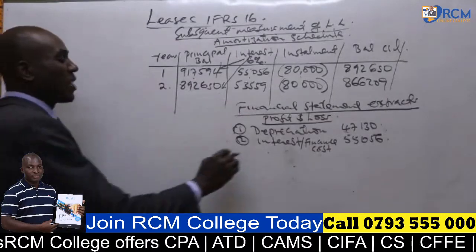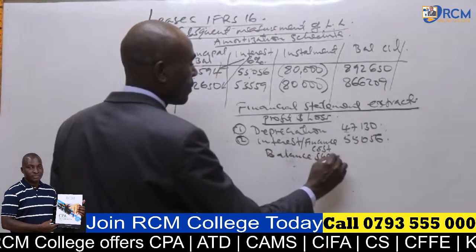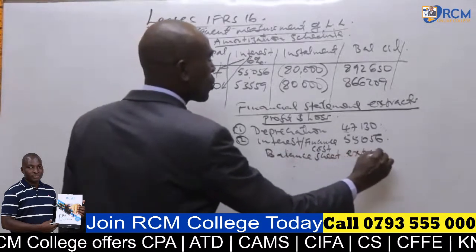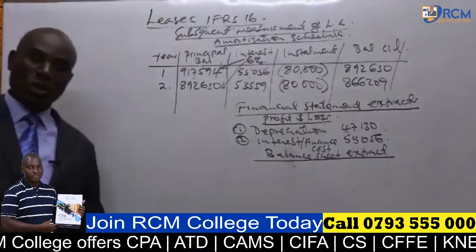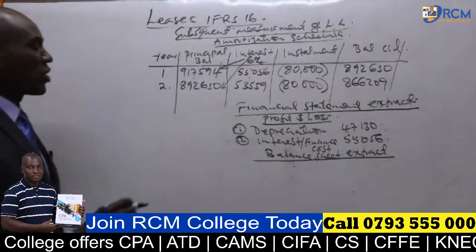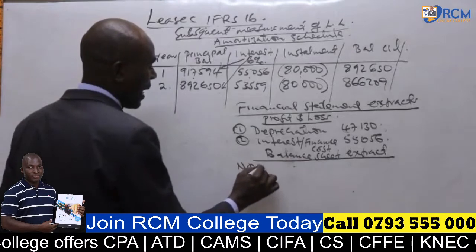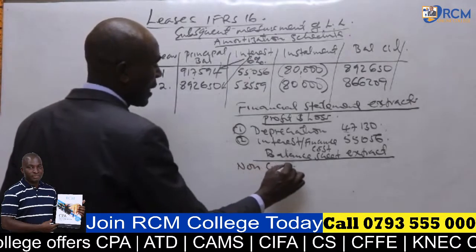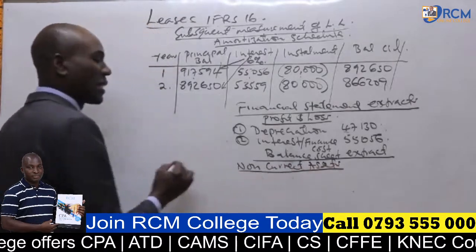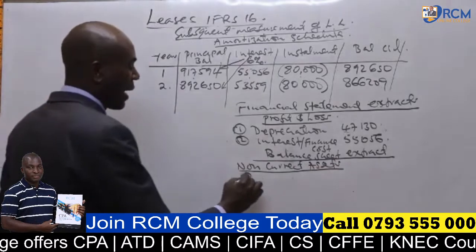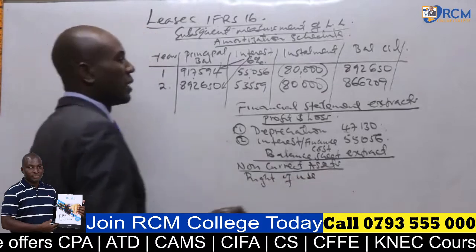Then we go to balance sheet extract. What goes to the balance sheet? Under non-current assets, I have the right of use from that asset.